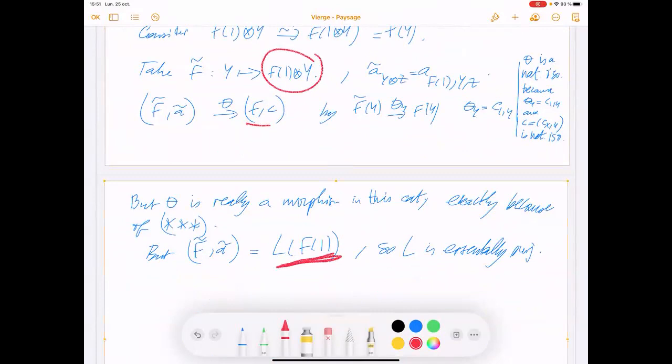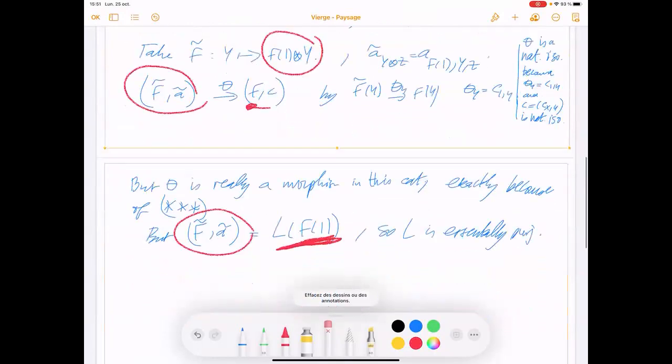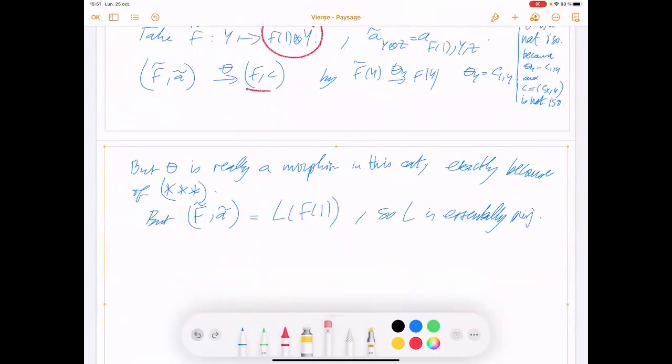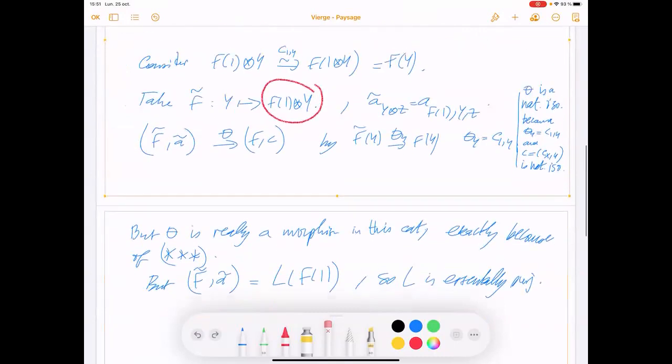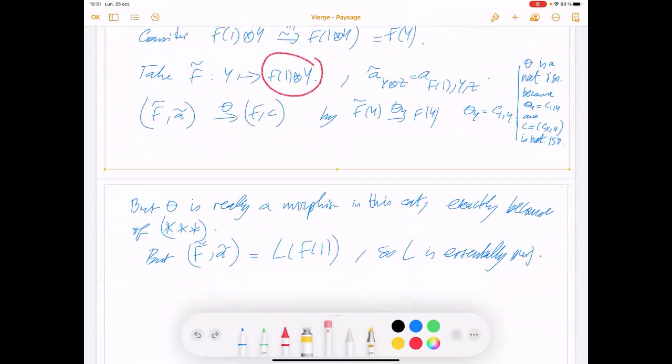So you take f, you tensor on the left by f of 1, and this is exactly this object you get. And we made a morphism from this object to this object. This proves that L is essentially surjective. Okay. So now it remains to prove that L is full and faithful.